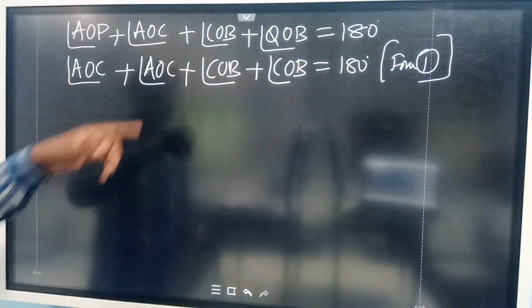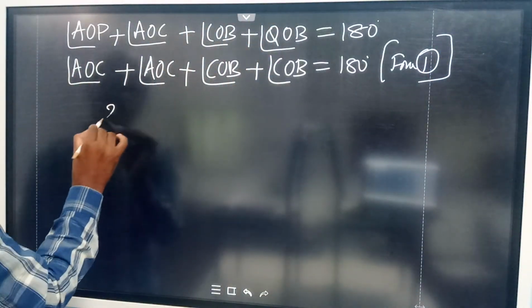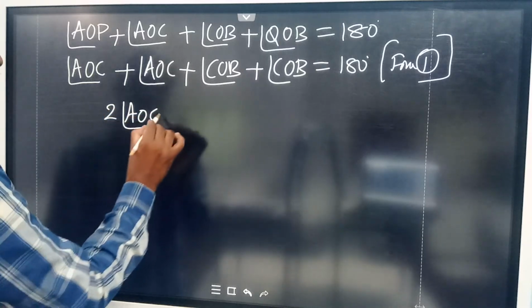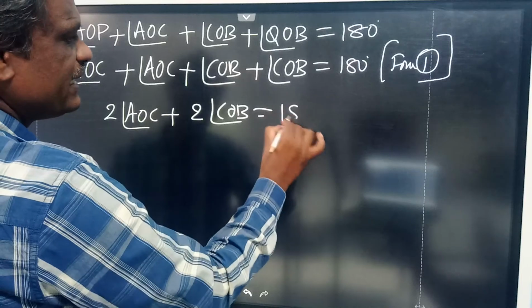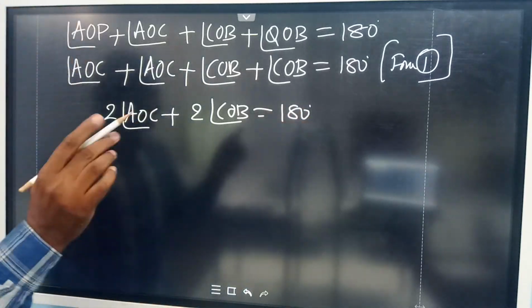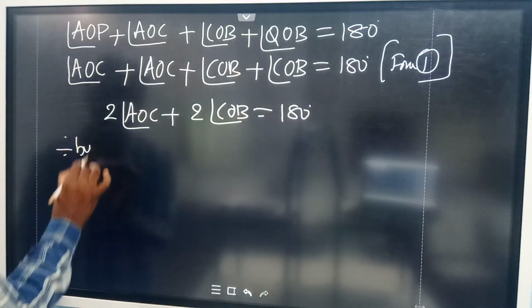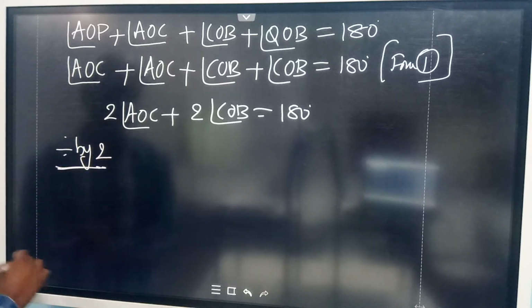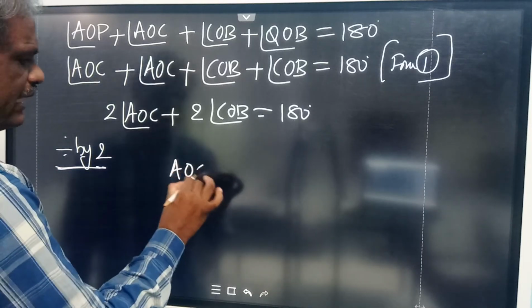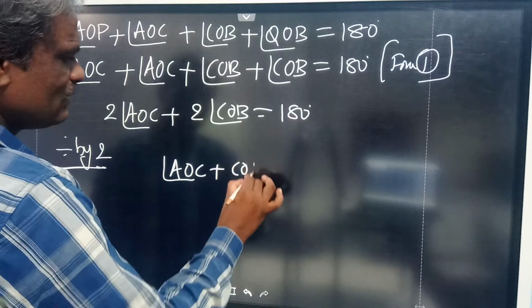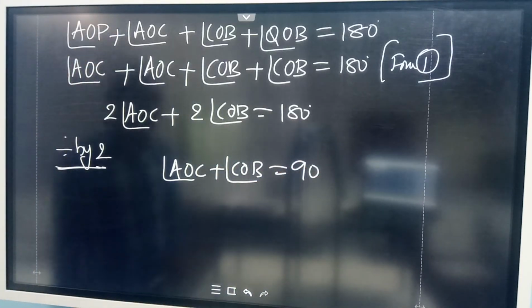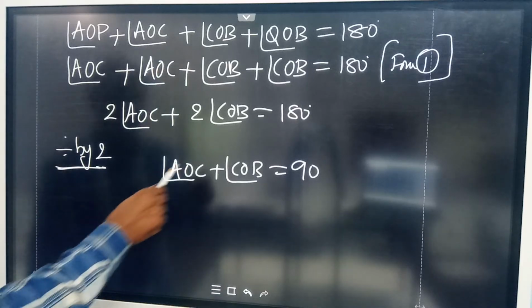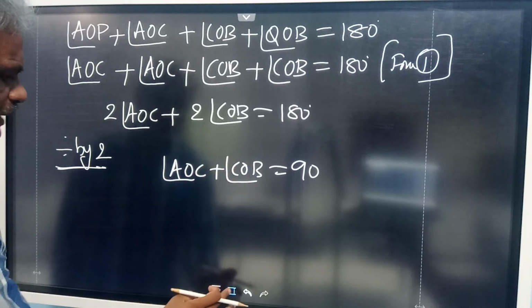So now add this: 2 times AOC plus 2 times COB is equal to 180 degrees. Divide the entire equation by 2. Once you divide by 2, you will get angle AOC plus angle COB is equal to 90 degrees.